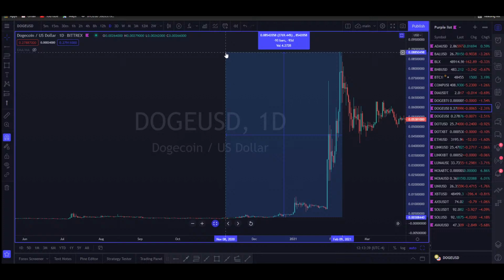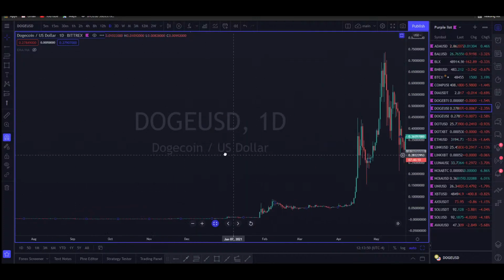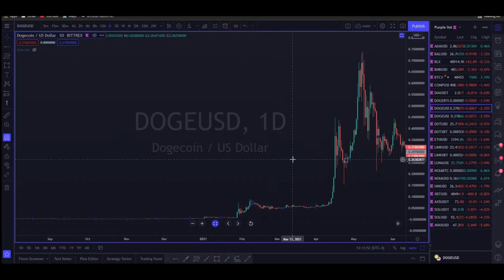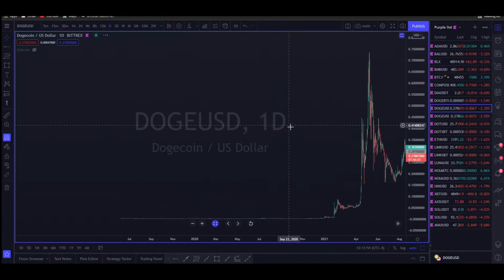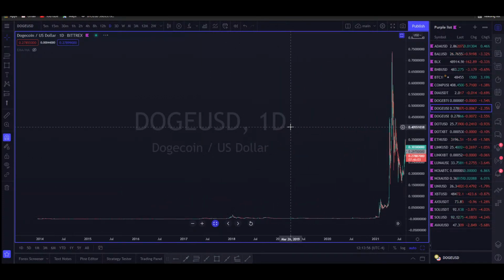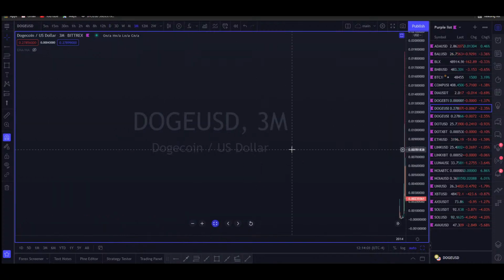That's turning $100 into $1,000 type stuff, $100 into $10,000 type of stuff there. I think, in my opinion, this was a massive bull market. All right, let's go find Doge.